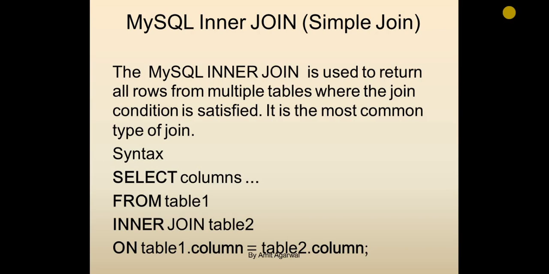Syntax: we have to select the columns from table 1, inner join table 2, and remember we have to mention the on keyword here because we need to specify on which tables we are going to implement the join, and we have to mention the common column, as you can see here, table1.column equals table2.column. Okay guys, so let's move to our MySQL and see what we are trying to say.